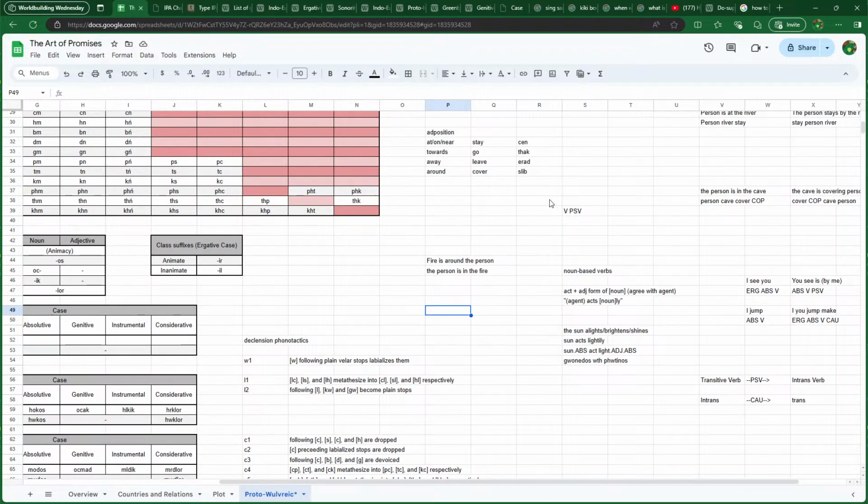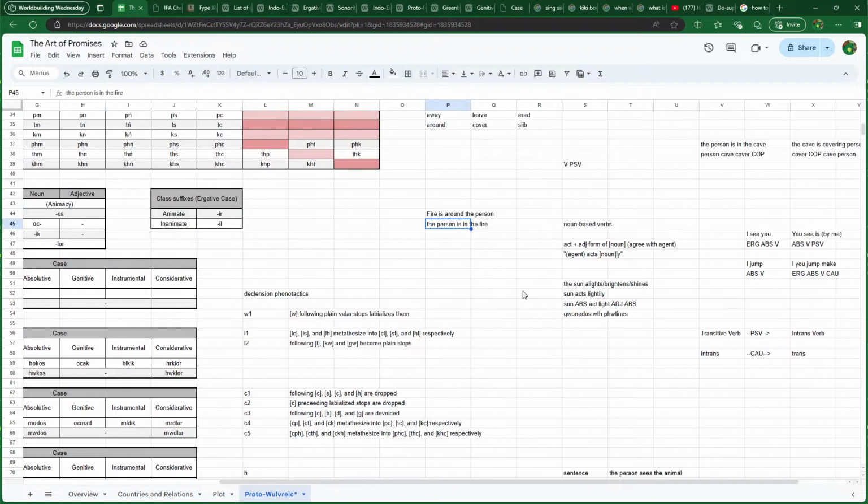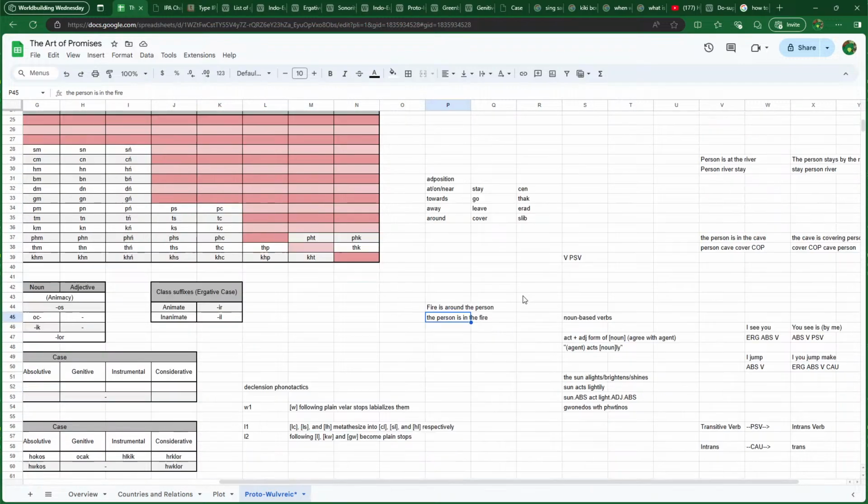The only difference here is which is which, right? Although, fire being ergative versus being absolutive. No, that doesn't make sense. Hmm.